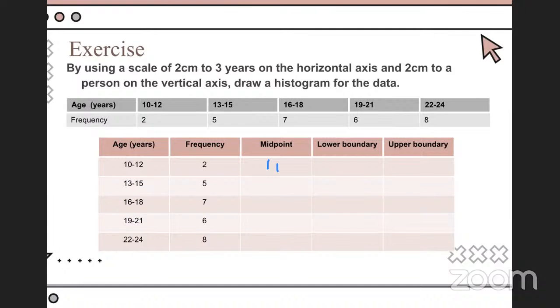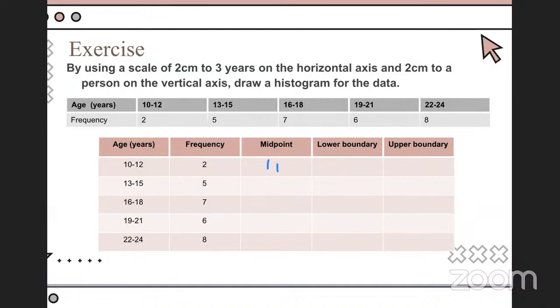Class, since we are going to draw some graphs after this, we would like to know how many people in this class have graph paper and how many don't. So can I ask, if someone has graph paper, can you raise your hands up?